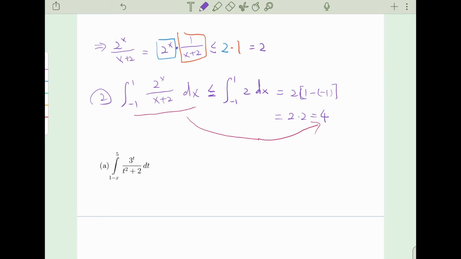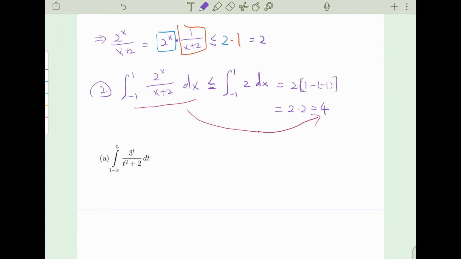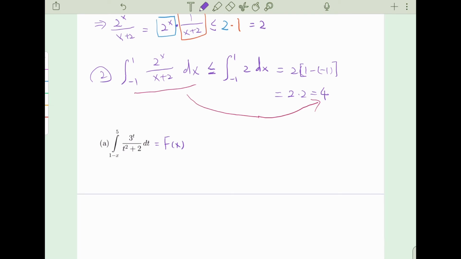So we find the derivative of this one. Obviously, the idea is to use the fundamental theorem of calculus, right? So this is equal to f of x, and now df/dx, by the fundamental theorem of calculus, is equal to, firstly we rewrite this by switching the upper bound and lower bound.